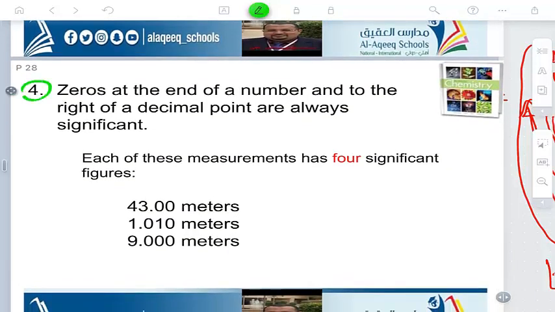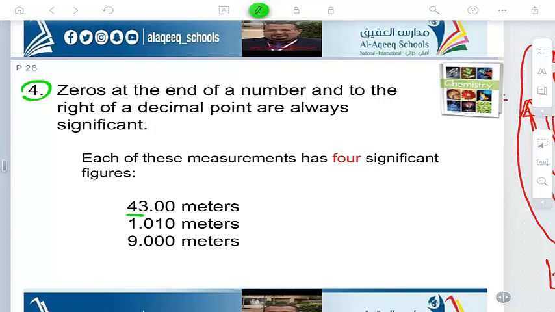Rule 4. If there are zeros at the end of the number on the right-hand side, not the left-hand side, with a decimal at this moment, are these zeros counted or not? Yes, they are counted. Look at this example: 43 meters, but we have a decimal and 0, 0, and we count them. Why?